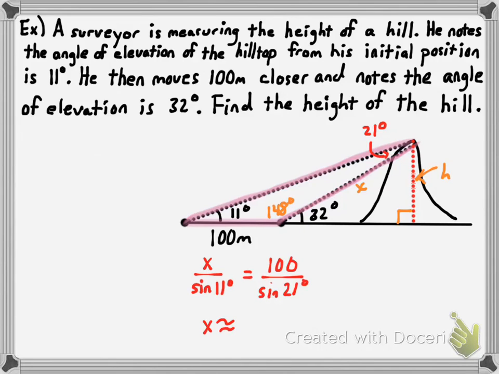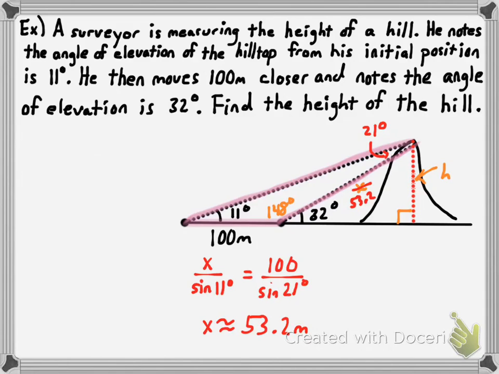And what you see is that x is about 53.2 meters. Now keep the exact value on your calculator, but I'm going to write down 53.2 meters through significant figure measurement. Okay, well now that we know that this distance x is about 53.2 meters, let me go ahead and put 53.2 there.